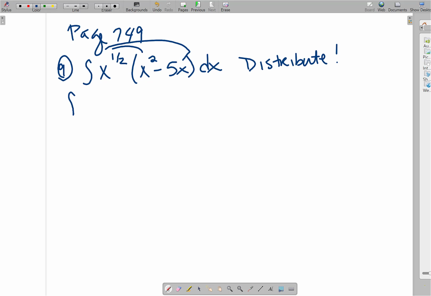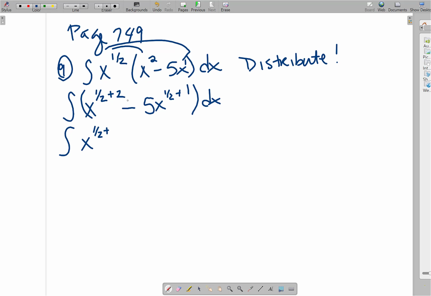I would get the antiderivative of x to the, remember what we do with exponents when we multiply, we add them, so 1/2 plus 2, minus 5x to the, this is a 1, remember, 1/2 plus 1, dx.